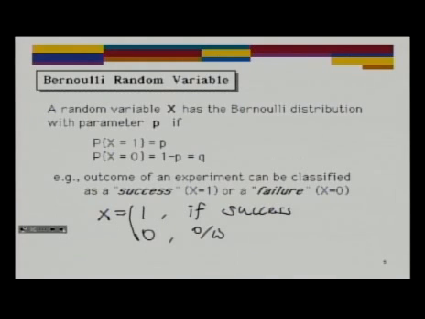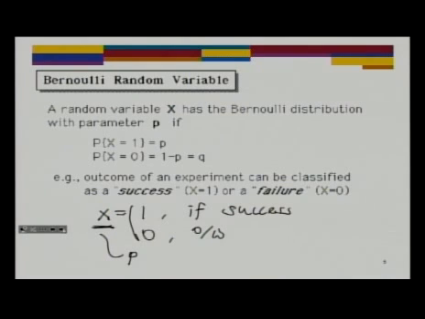Otherwise means failure, right? Then this random variable X has a Bernoulli distribution with parameter p. So what is parameter p? That is the probability of being a success.